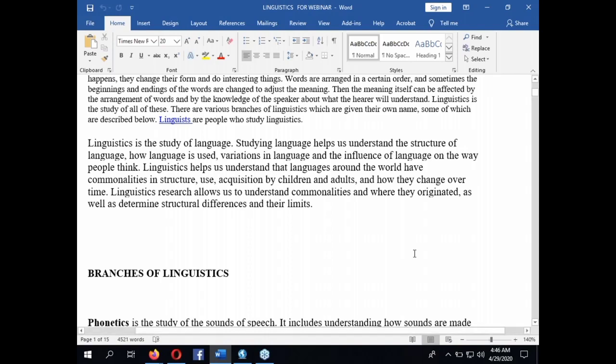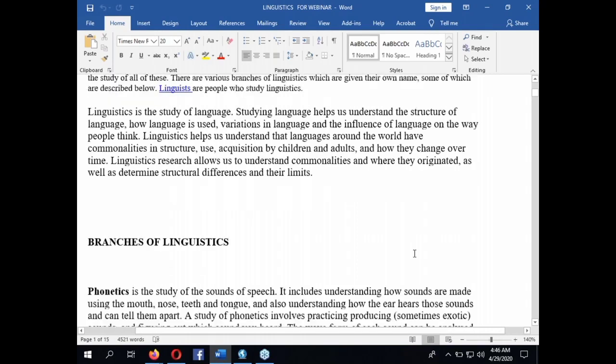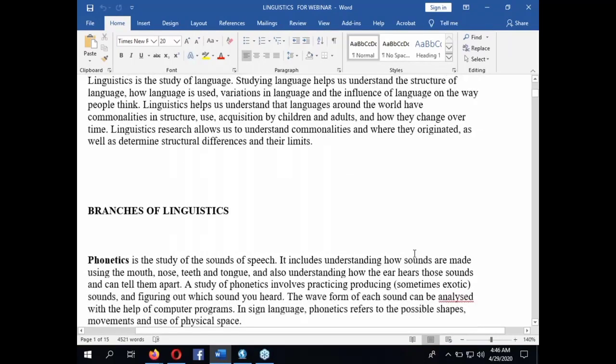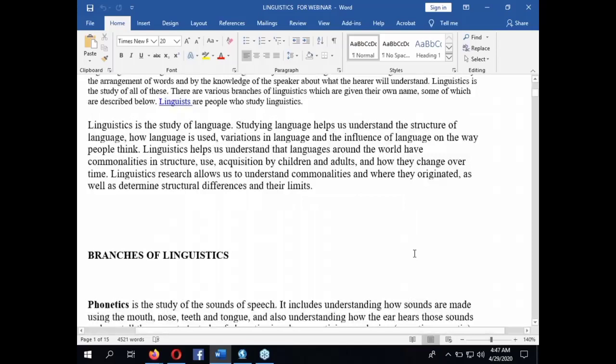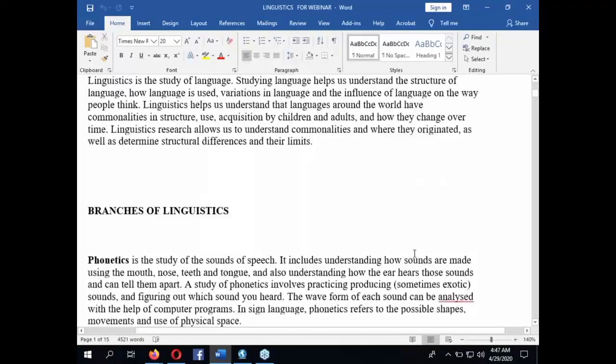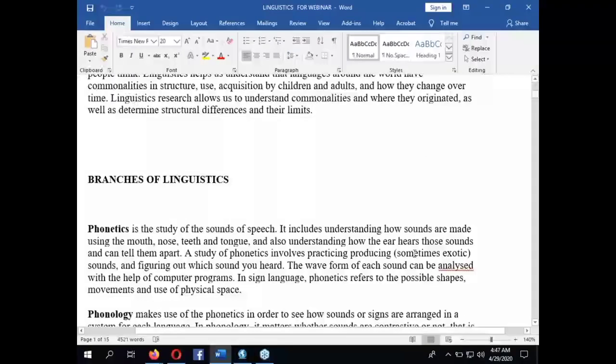Now, branches of linguistics. Please note this: we have branches of linguistics and we have types of linguistics. Now we're looking at the branches of linguistics. One, we look at phonetics. Phonetics is the study of the sounds of speech.